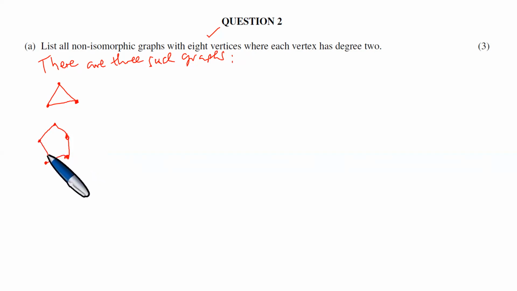Right. So if you look very carefully at this one here, you have this, you have that, you have this, you have that. So this one goes there, and this one goes there. This one goes there.